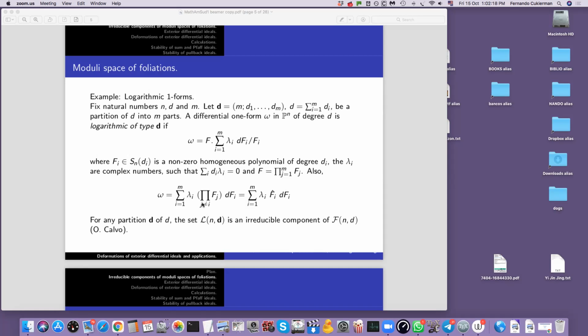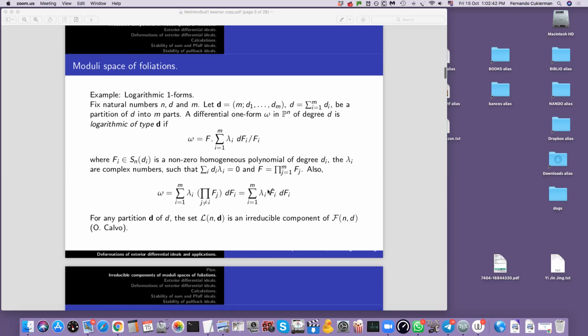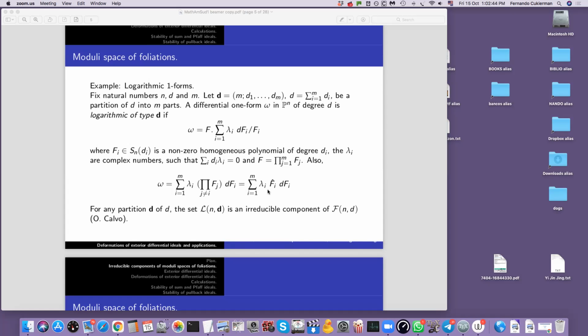It forms an irreducible component. So any deformation of a logarithmic form is another logarithmic form. It's a complete family. Or we also say that these logarithmic type forms are stable. So if you move them a little bit, you don't find anything new, keeping the integrability condition.